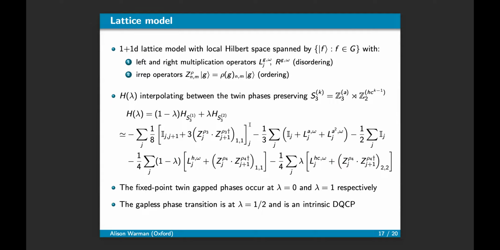These are generalizations of the Z2 case, but here we have the representation rho, components M, N. You can write these matrices, take the products of matrices, and then the components 1,1 are the order parameter for one phase, and this is the order parameter for the other phase. Here I took the interpolation of the two Hamiltonians, one with 1 minus lambda and one with lambda.